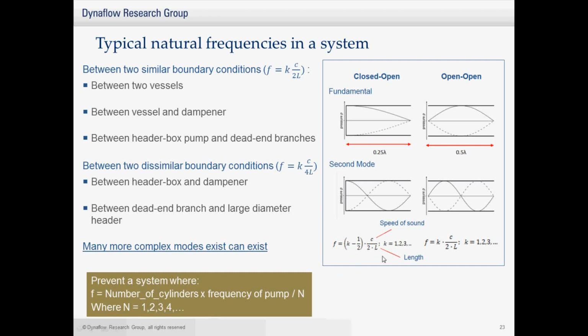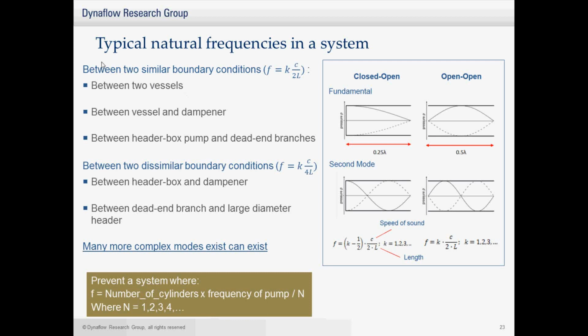We can use these rules about frequency and length to see what kind of frequencies can emerge in your system. So most systems are complex, so you cannot directly see just from looking at the system what kind of natural frequencies there are, but you can definitely estimate what kind of natural frequencies there will be in your system, especially if it's a very simple system, so not that many branches, not that many Ts.